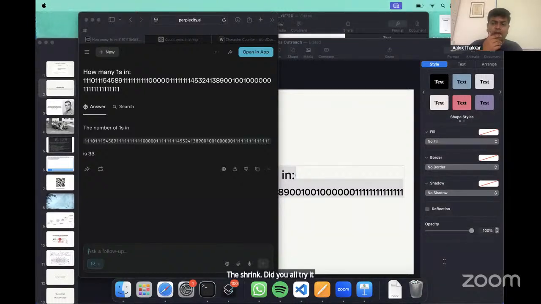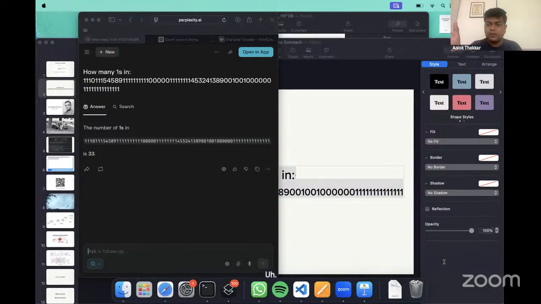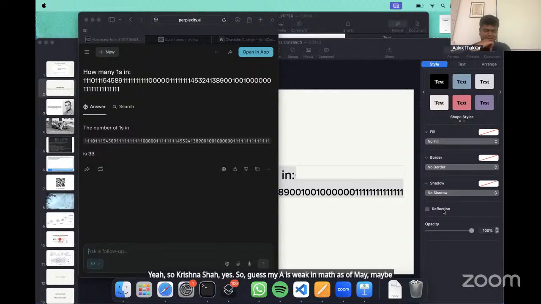Some of you might try Grok, some of you might do DeepSeek. Try out different tools. See what happens. Yes, so Krishna Shah says, guess my AI is weak in math as of me. Maybe, yes. See, a tool that cannot do something better than us is useless. We like these AI tools because they make our lives easy.